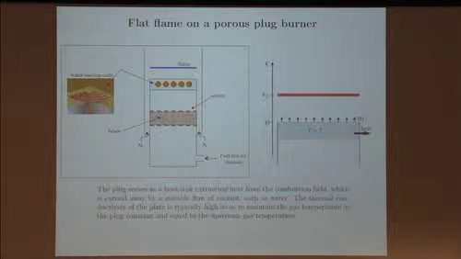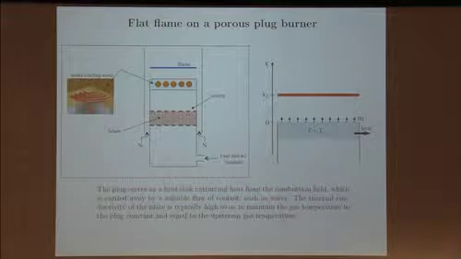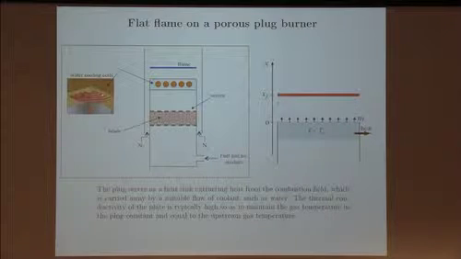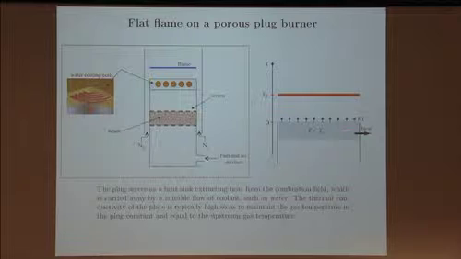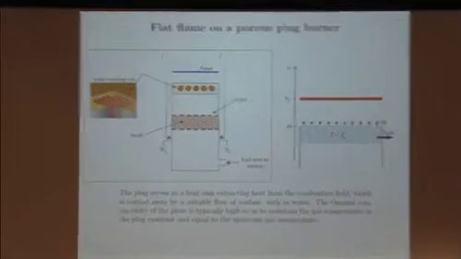Then any heat that is conducted back to the plug is removed by water cooling coils that are usually embedded in that plug, as you see here. And then it maintains the temperature of the plug to be constant, essentially the same as the temperature of the incoming gas.